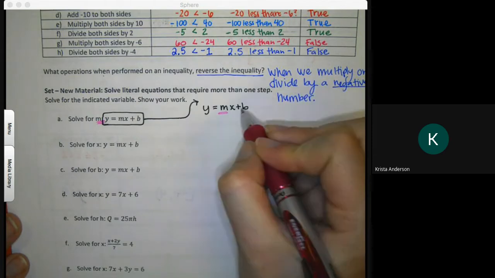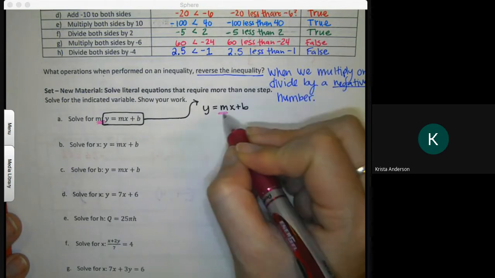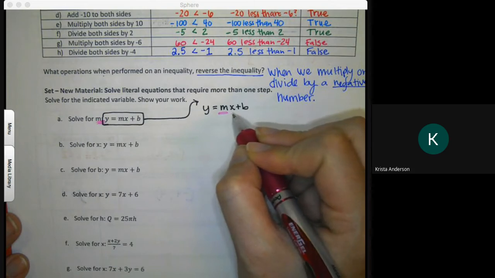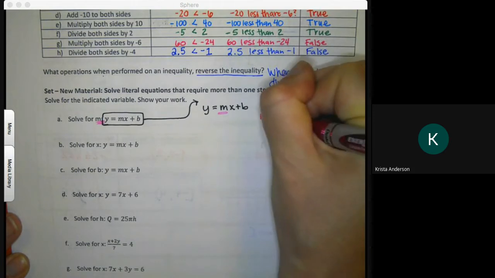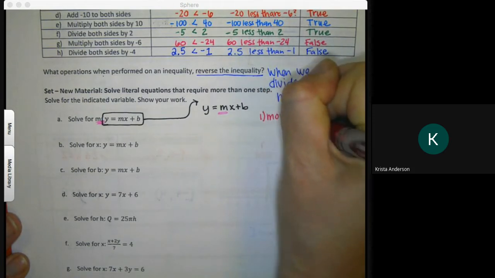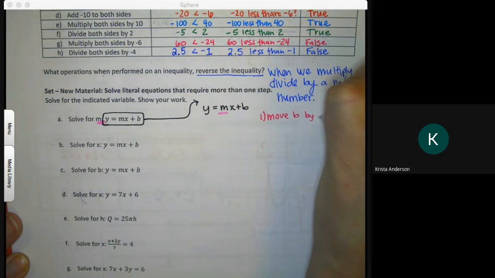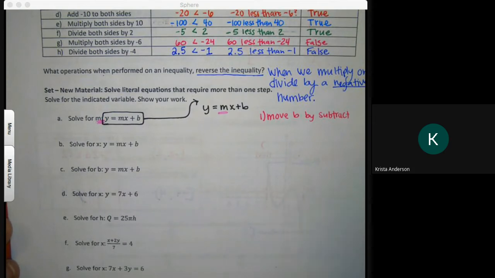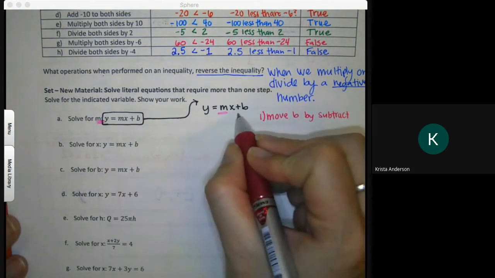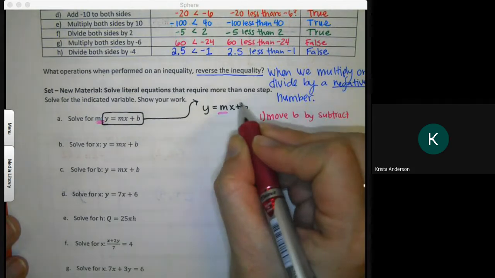I'm going to start with the one that is not stuck to the M. I'm going to move the B first because it's off on its own. Move B by subtracting. Why would I subtract B? I would subtract because it has a plus on it, so I'm going to do the opposite.